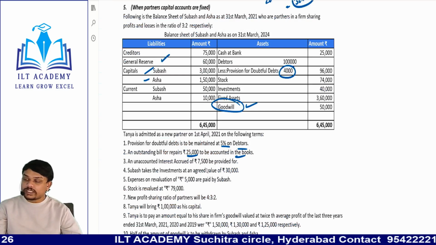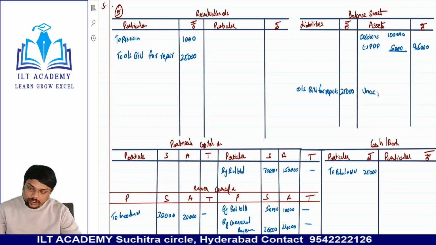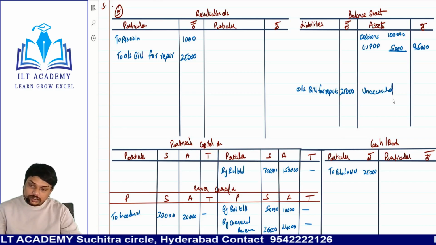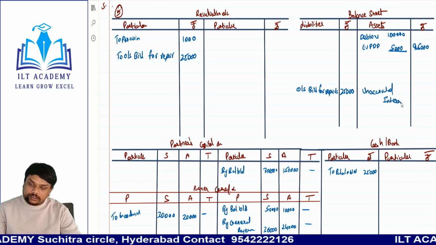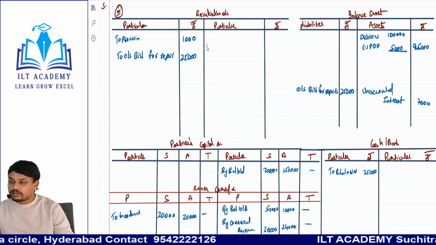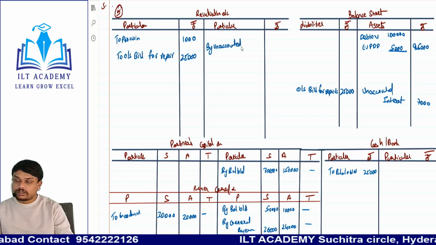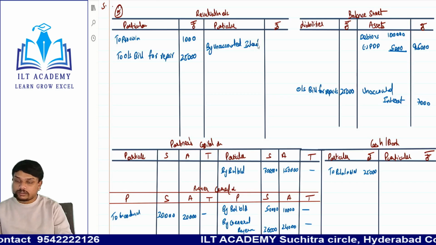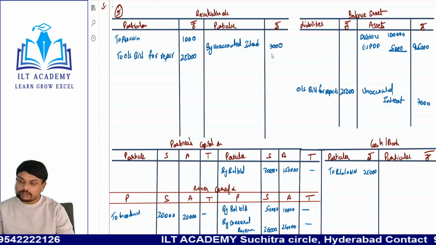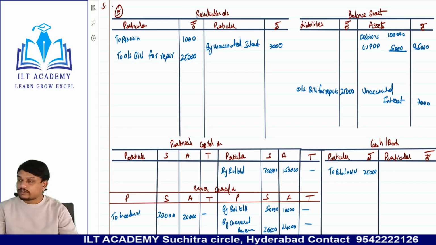Next, an unaccounted interest accrued 7,500 is to be provided. Unaccounted interest, sorry, 7,500.